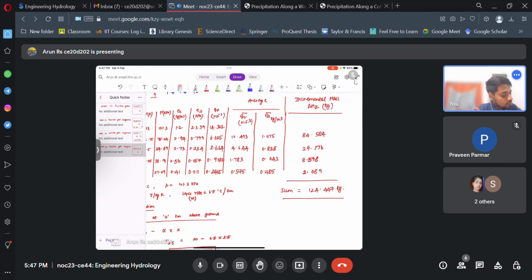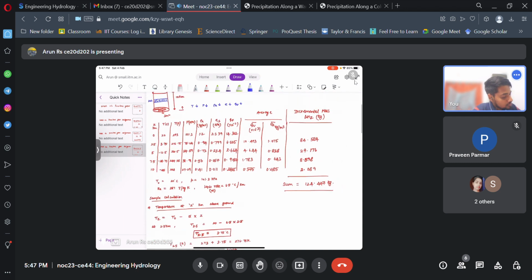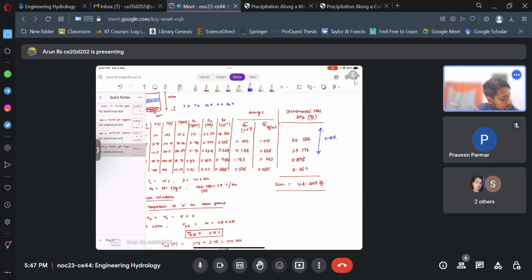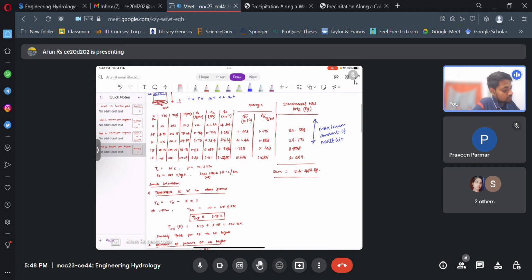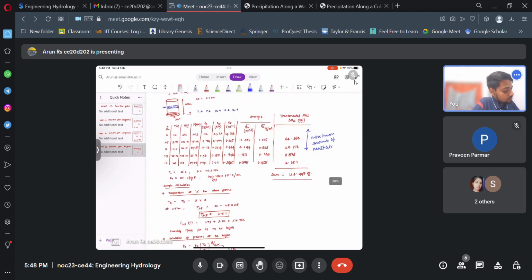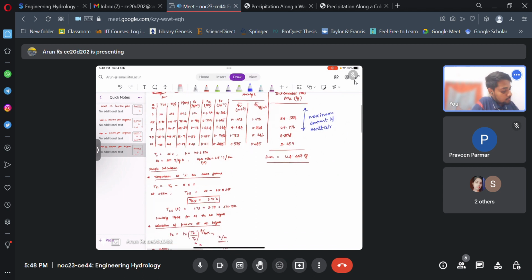So in this you can note in the top 0 to 5 kilometers, this portion has the maximum amount of moisture. And this will be true in all the cases. Only your top few portions of your atmosphere will have the maximum amount of the moisture.